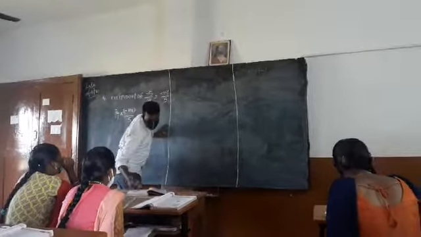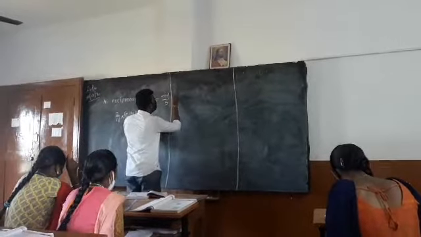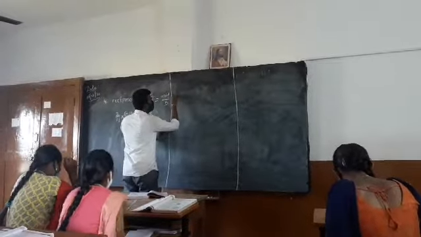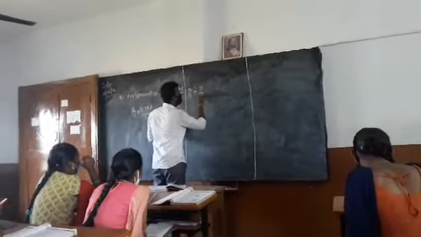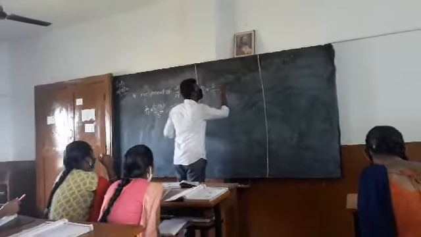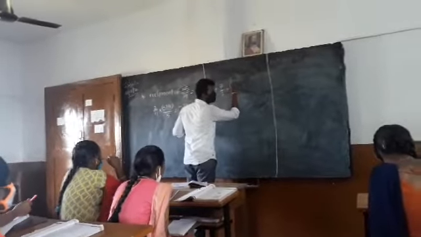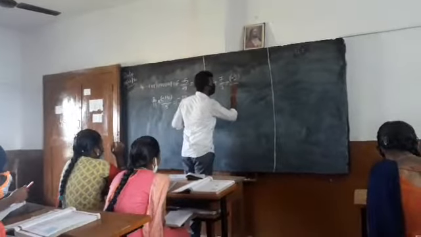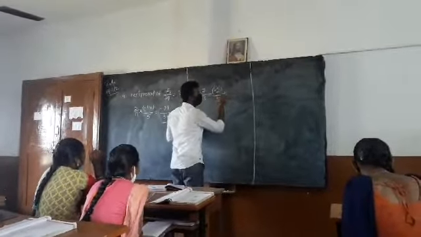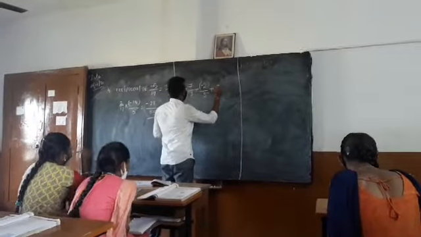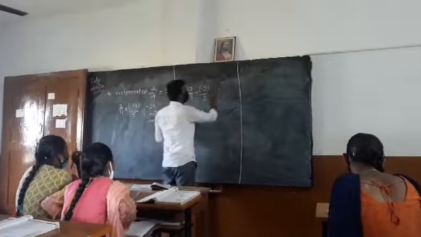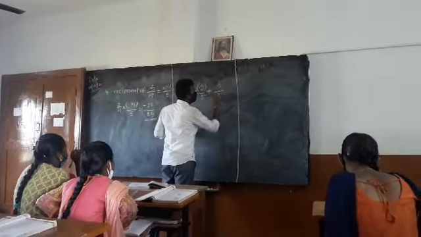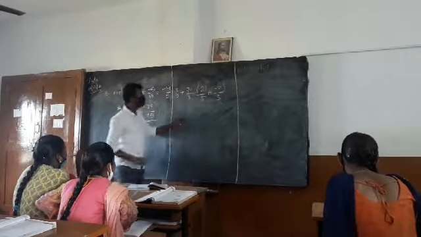What is the representation given here? 3 by 5 plus 7 by 3 plus minus 2 by 5 plus minus 2 by 3. Children, look here carefully.